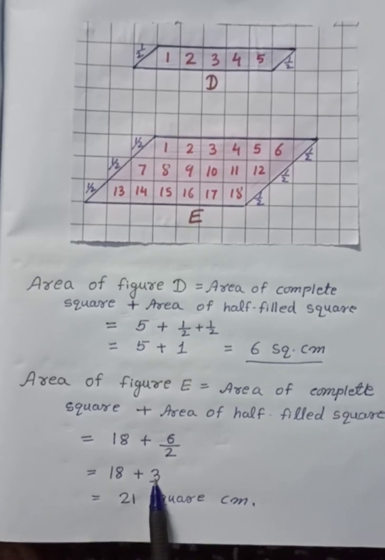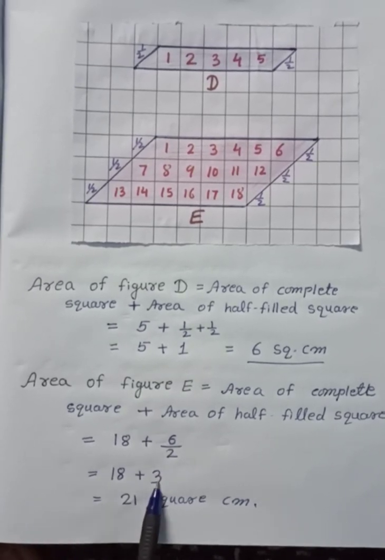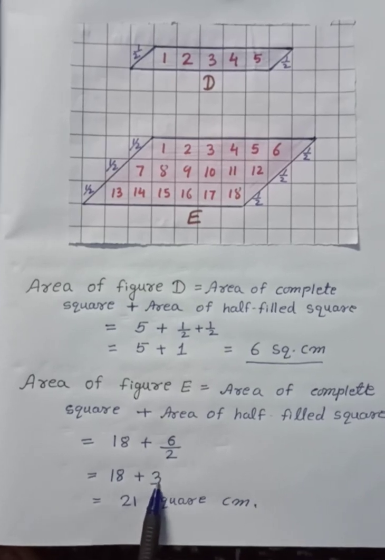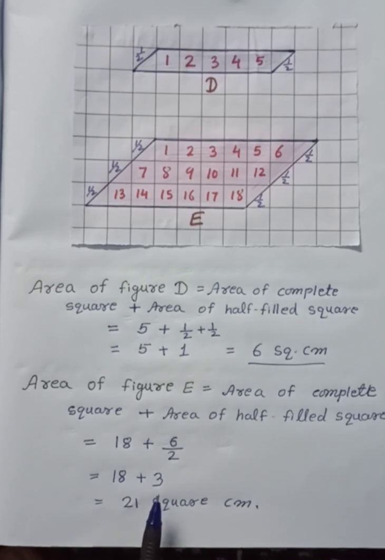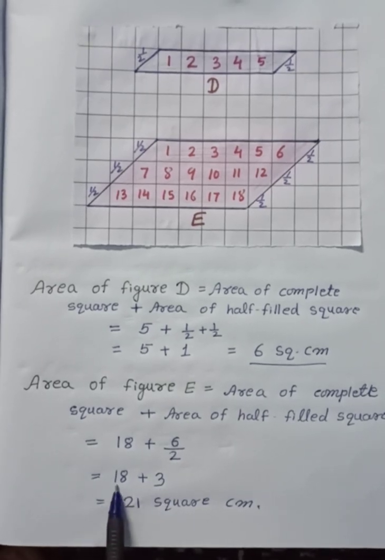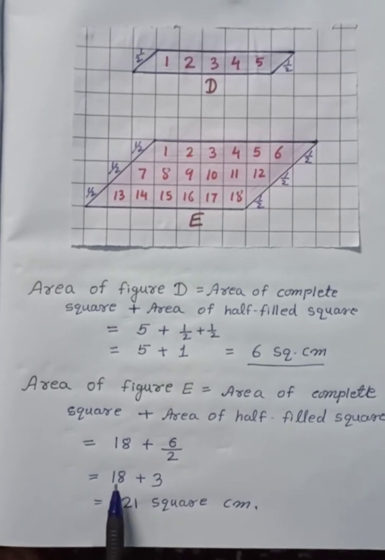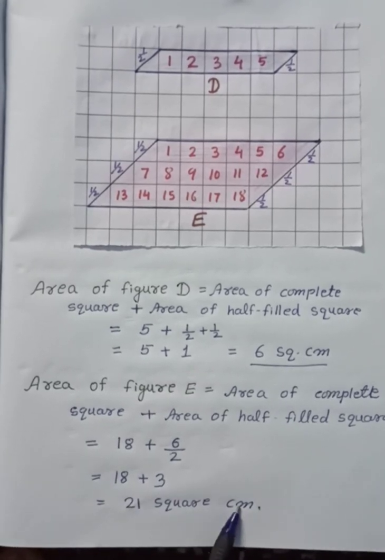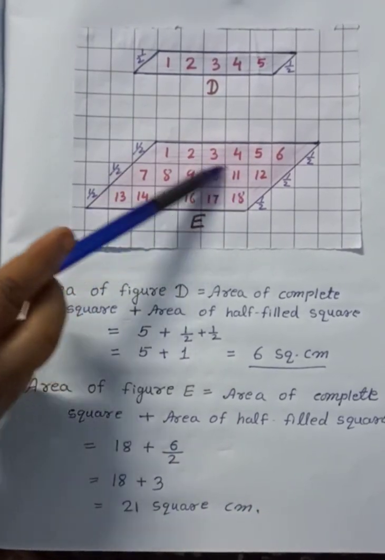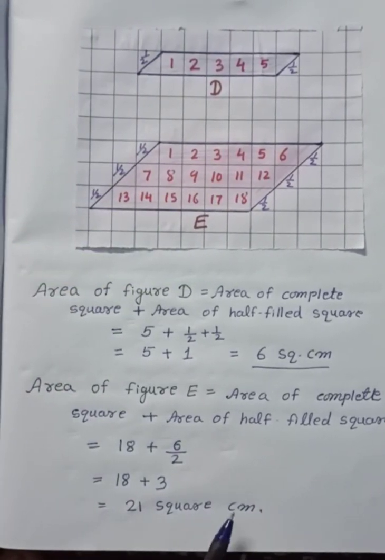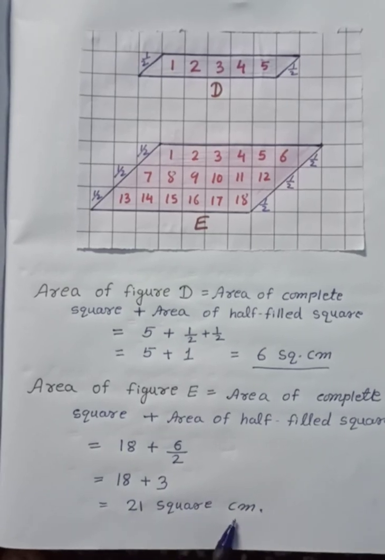So we get 3. That means 6 half filled square makes 3 complete square, right? So 18 plus 3 is, when you add both number, you will get 21 square centimeter. So we can say area of figure E is 21 square centimeter.